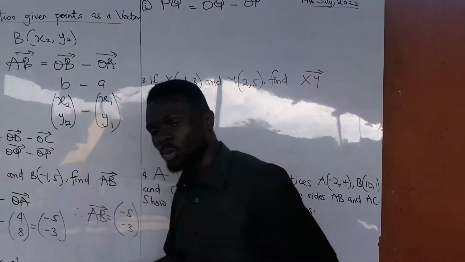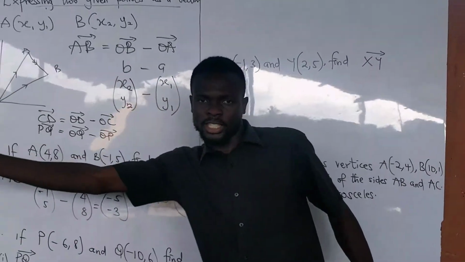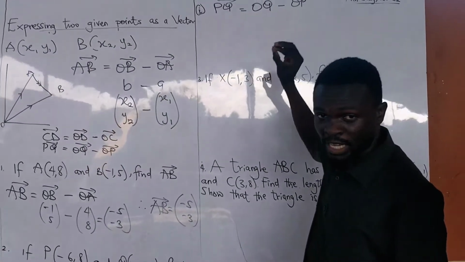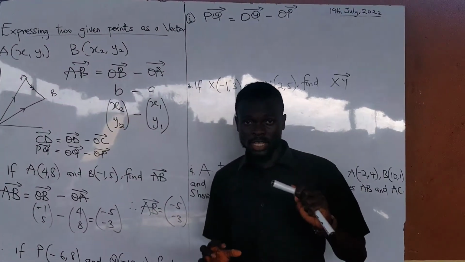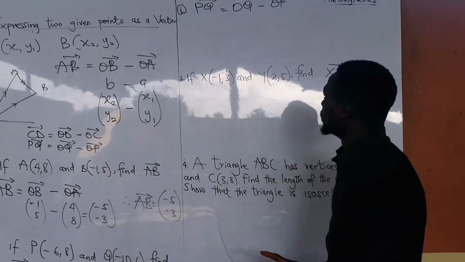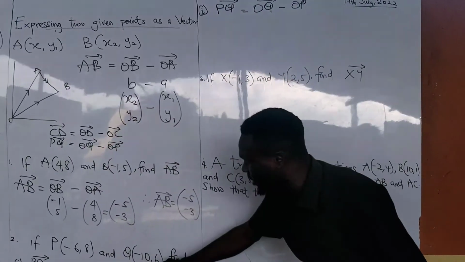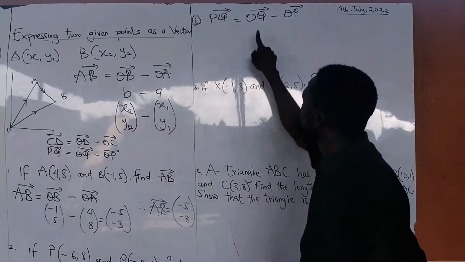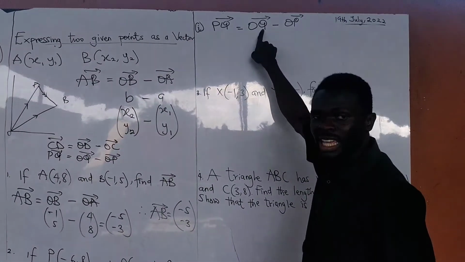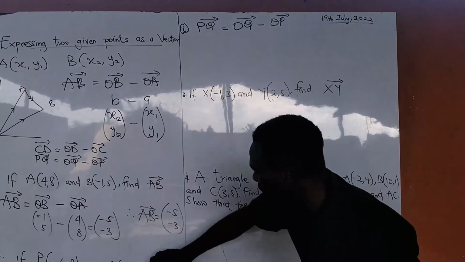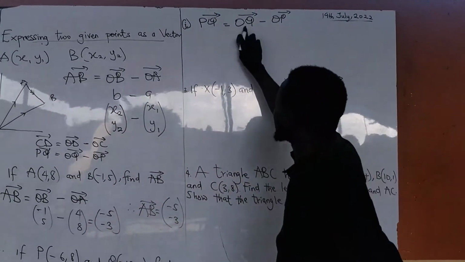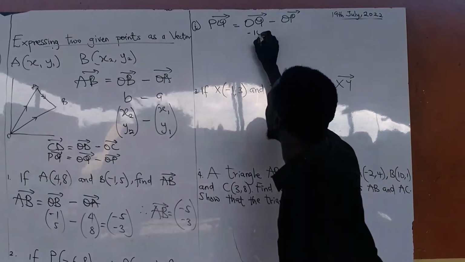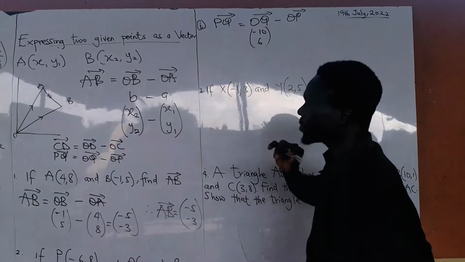Because the point Q is referred from an origin O. So the vector OQ is the position vector for this point Q, which can be written as negative 10, 6.